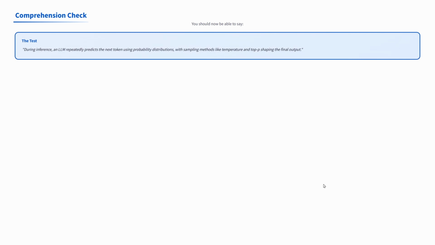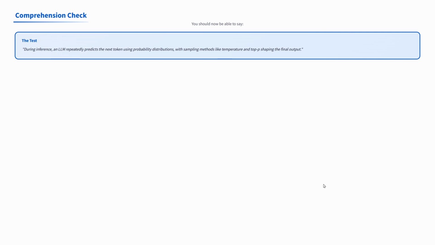Okay, let's verify that everything has connected. During inference, an LLM repeatedly predicts the next token using a probability distribution, with sampling methods like temperature and top P shaping the final output. Let's unpack this with me. Inference is the process of generating output. It happens token by token.